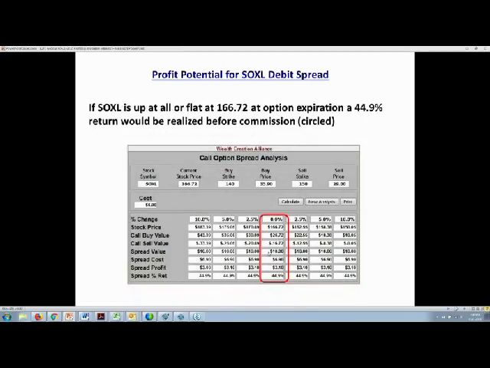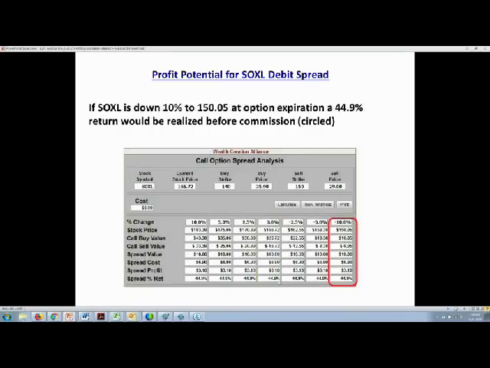We can see that if SOXL is up at all, or if it's flat at option expiration at 166.72, we'll realize a 44.9% return on this trade. So if the stock is flat or goes up at all, we'll realize a 44% return. And if it's down 10% to 150.05 at option expiration, we'll still realize a 44% return for this trade.